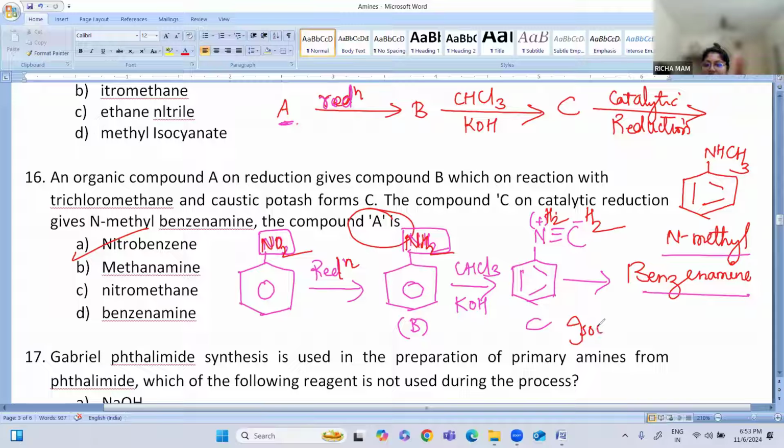Isocyanide means your nitrogen is attached, your nitrogen is donating the electron. When you do catalytic reduction, we can use hydrogen in the presence of platinum, palladium, nickel, to give you N-methyl benzenamine. So option A is the answer.